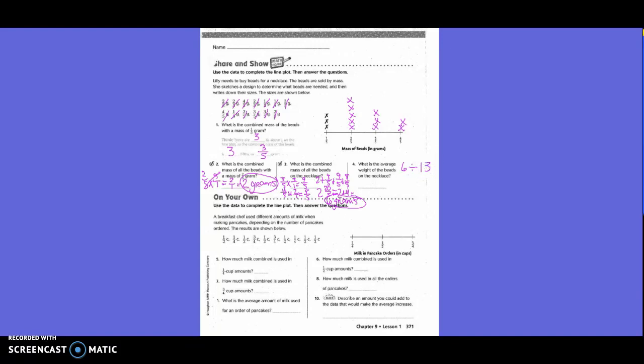So how do I write that as a fraction? 6/13, because we have 2 whole numbers, right? So 6/13 of a gram. And then that would be our answer.